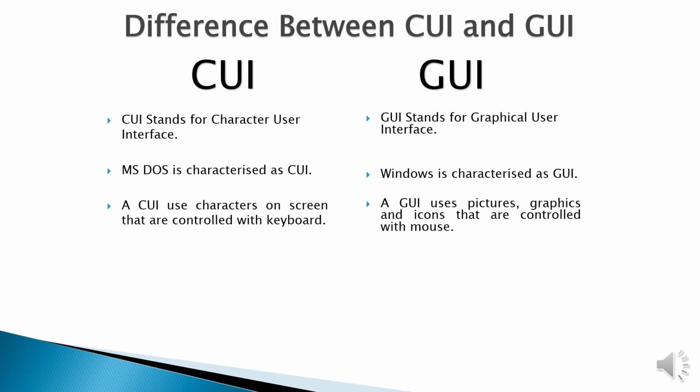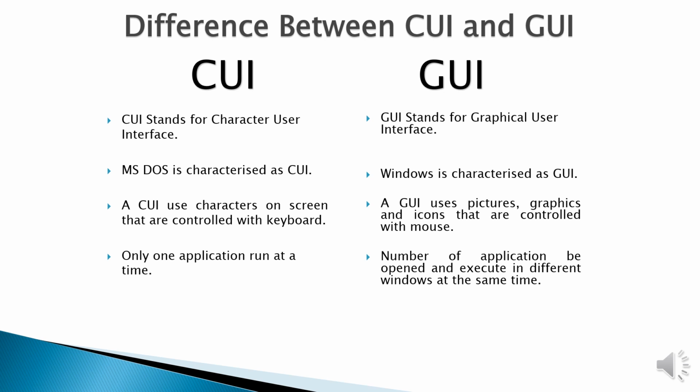How can we use it? Just double click on your icons and you can open them, or right click on the icons and you can perform any operation on them. So this is GUI. In GUI, we use the graphic support. In CUI, only one application runs at a time. It means you cannot execute more than one application on it.